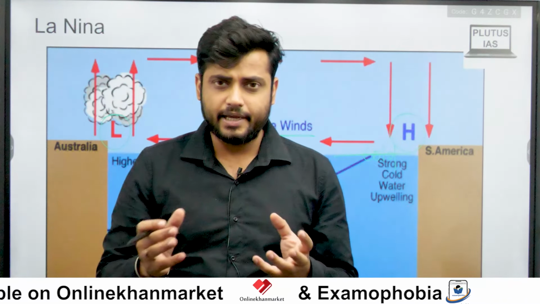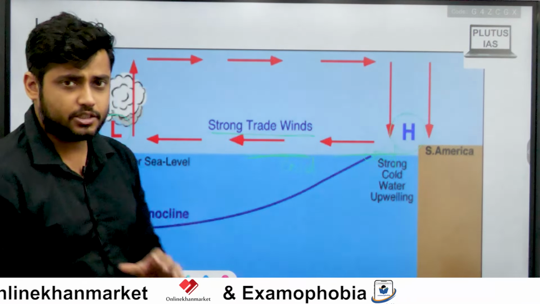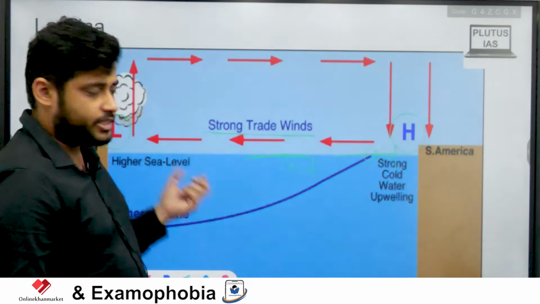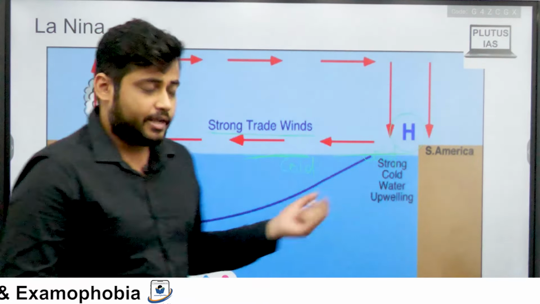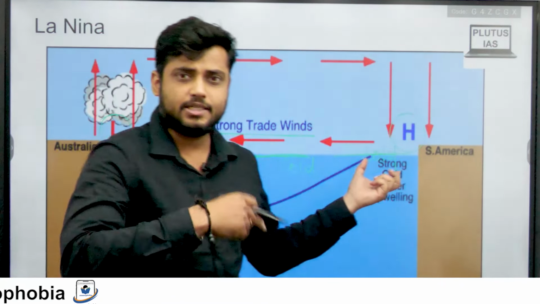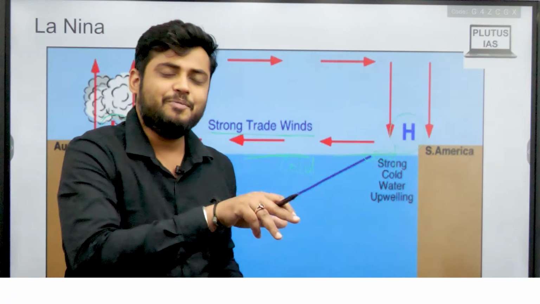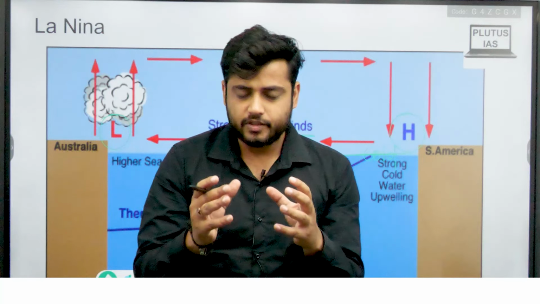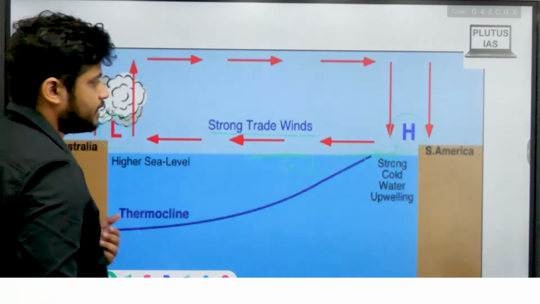So everything is happening in unison. This is not an isolated event. The trade winds are supplementing the warmer conditions here and colder conditions there, the sea surface temperature is supplementing the pressure condition, and the pressure is also impacting the sea surface temperature. So these three things are interlinked with one another.